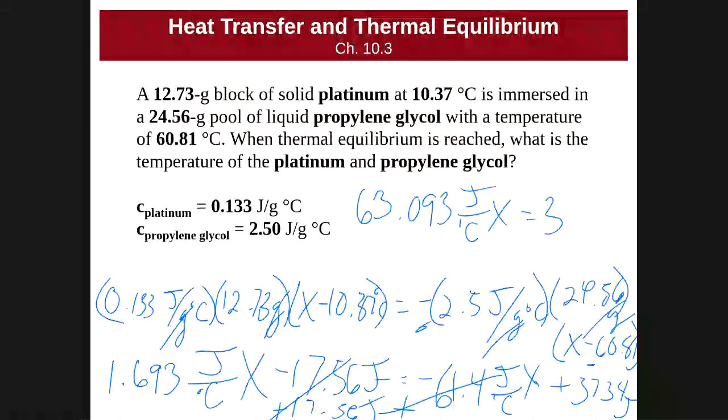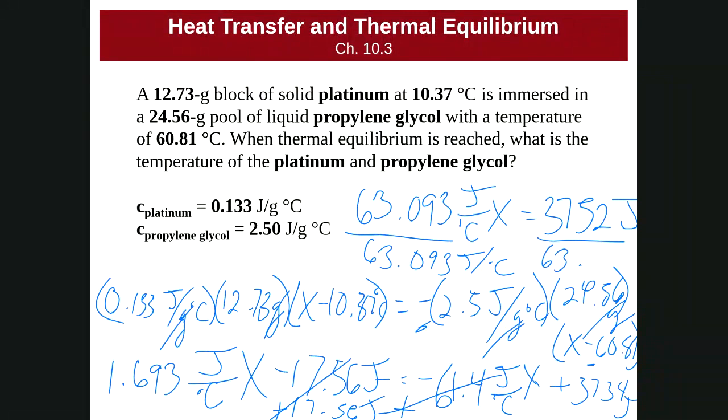I'm going to say that's 3752 joules. So now if we divide by our 63.093 joules per degree Celsius on both sides, then our joules are going to cancel out and our degrees Celsius are going to move to the top where we want them. So what is 3752 divided by 63.093?